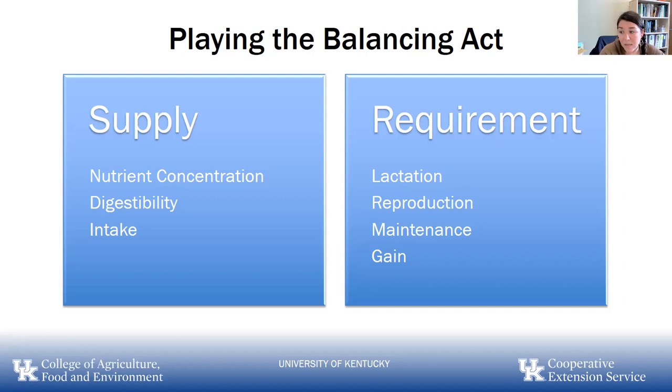Her energy and nutrient needs are going to be different, versus even steers that are going to be gaining. In the specific example we're going to talk about today, we're going to look at our mid-gestation to early lactation cows, and that's going to be maintenance.